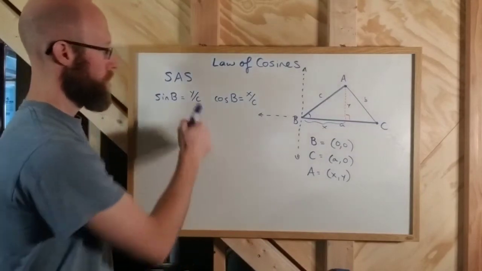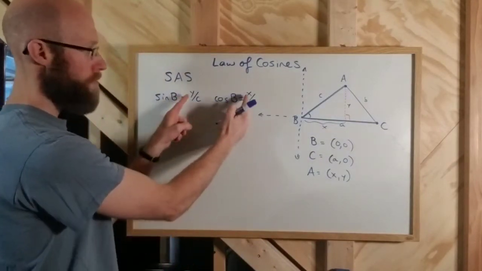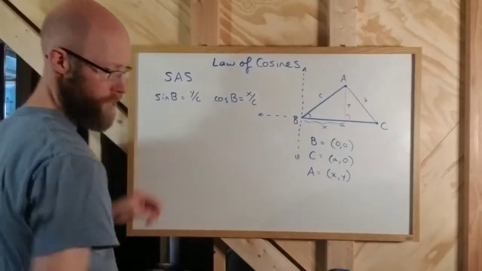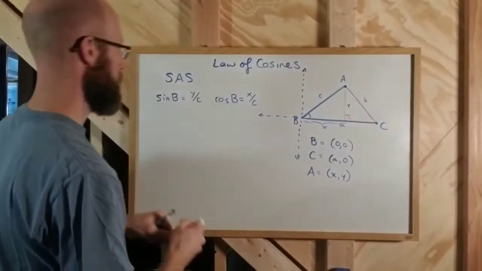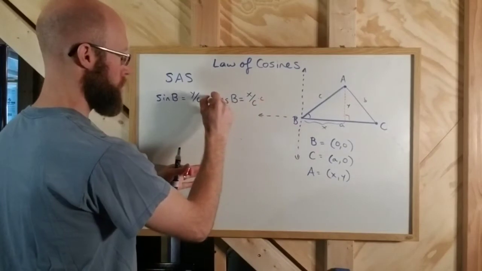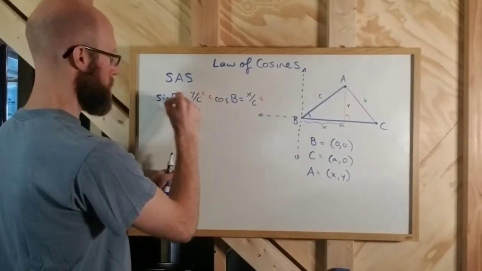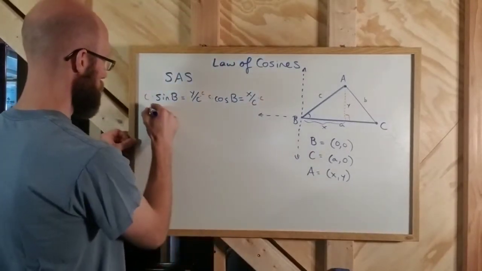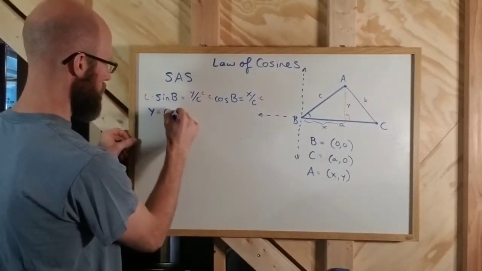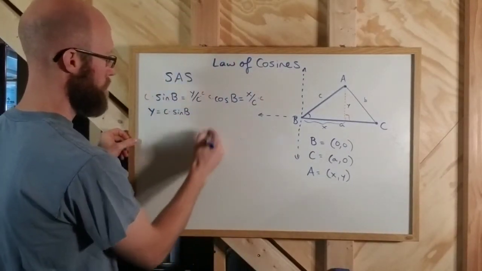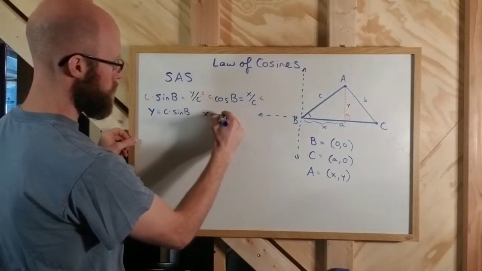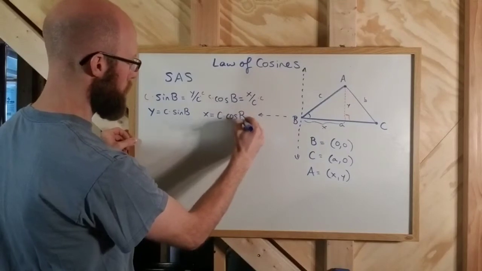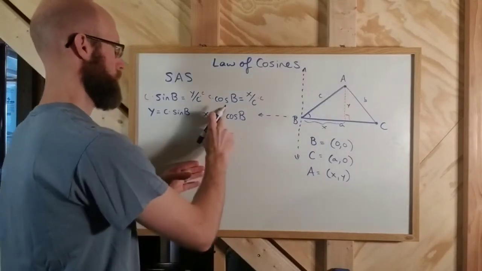All right. Now, if I were to solve for x and y respectively, I multiply both sides by the c. So multiply both sides here by c, multiply both sides here by c, and what you'll get is y equals c times the sine of big B, and here x equals c times the cosine of big B. And it's a little c.